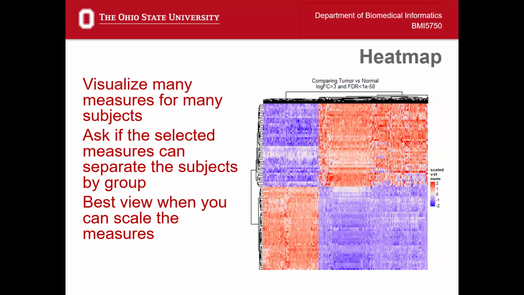And this takes out the gene to gene differences that might exist. So one gene might have an average of 100, where another gene might have an average of 1. And scaling the data puts all of these genes on the same footing so that differences in expression level won't impact what we're viewing in this plot.